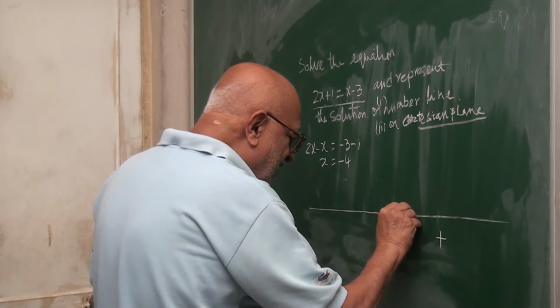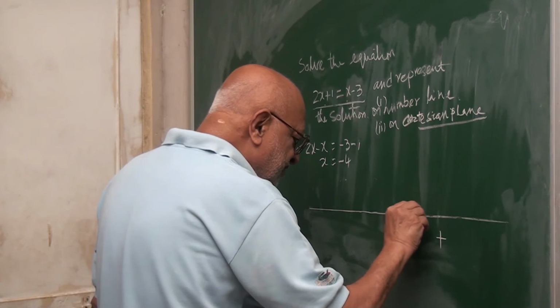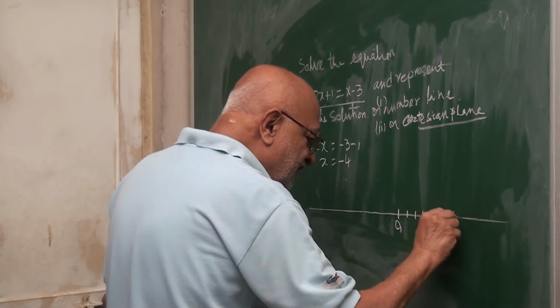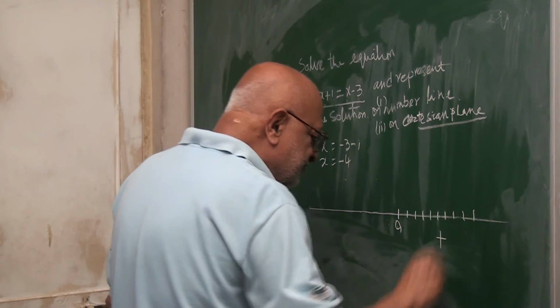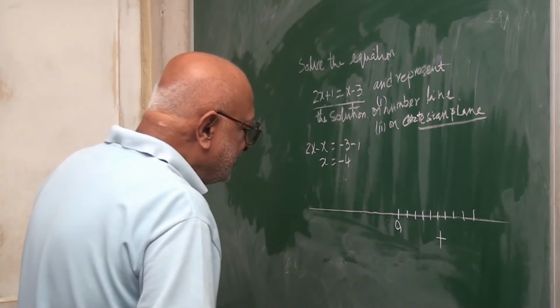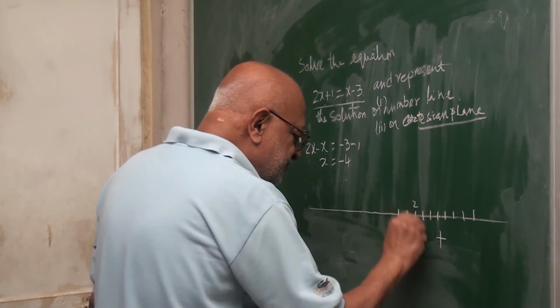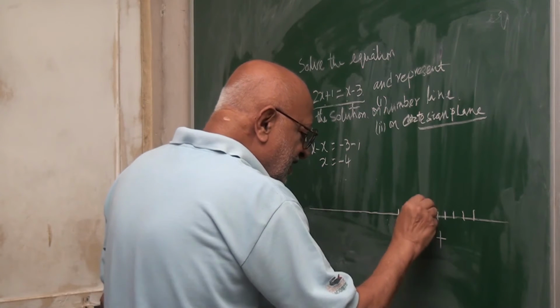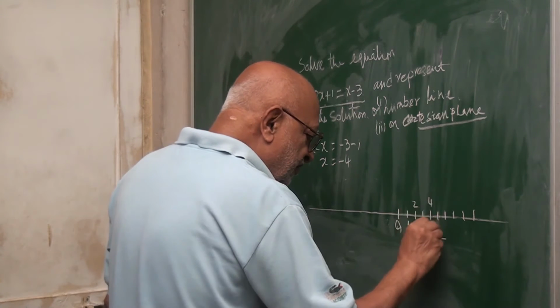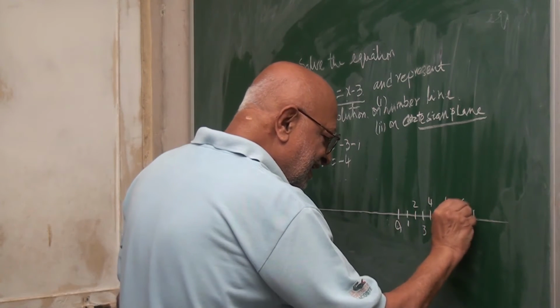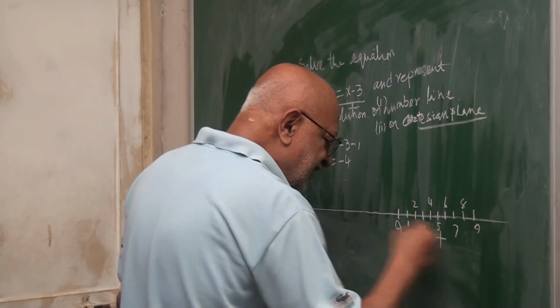So this is 1. Now I can use a little bit of this because much accuracy is not required. Even with utmost care, you still could not maintain this. So this side is 1, 2, 3, 4, 5, 6, 7, 8, and this is 9.